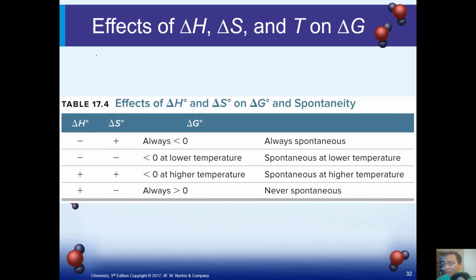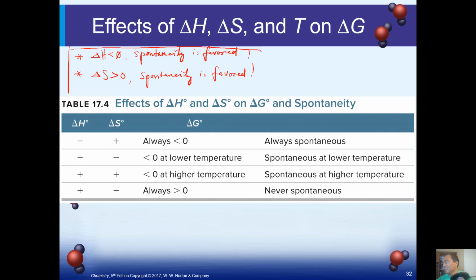Please note, when delta H is smaller than 0, or if it's negative, the spontaneity is favored. Hope you still remember that. And for delta S, if entropy is increasing, the spontaneity for the process is favored. So these are the two factors we've been emphasizing all along.